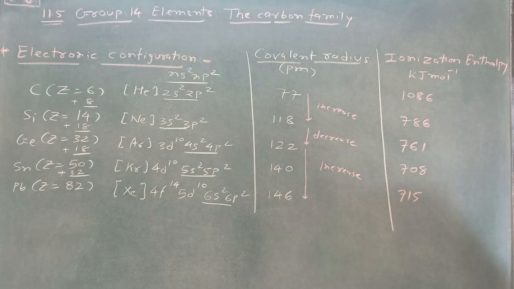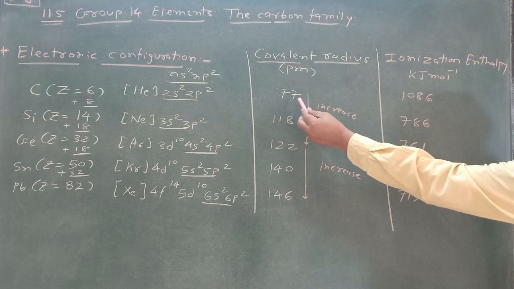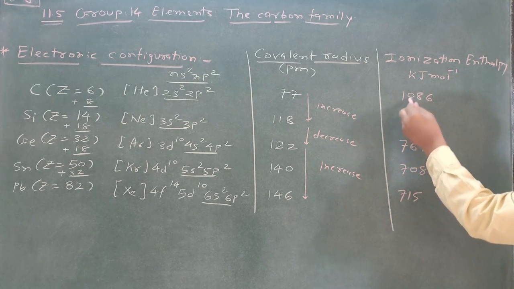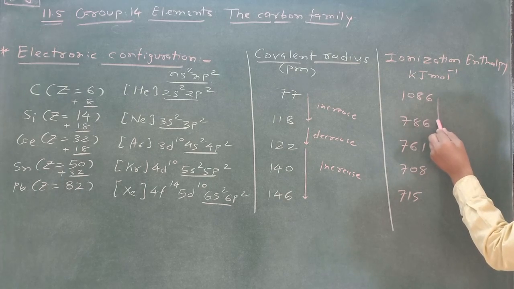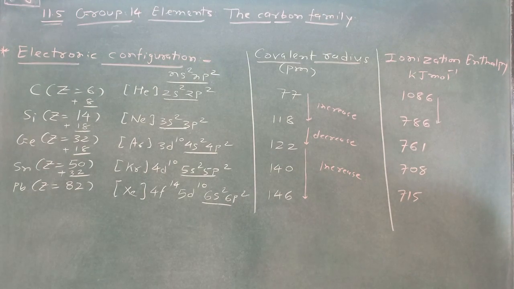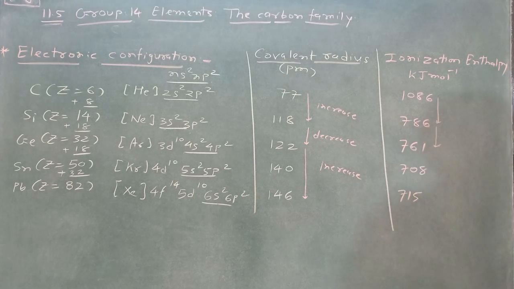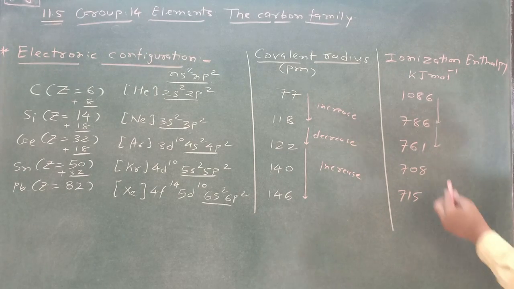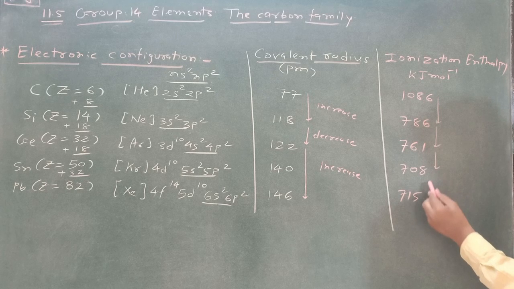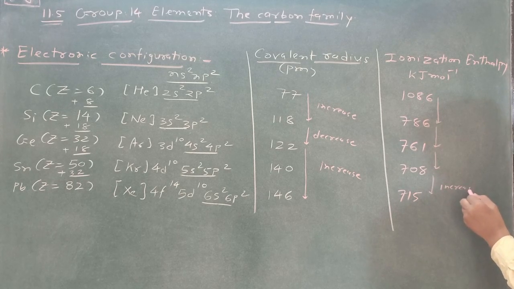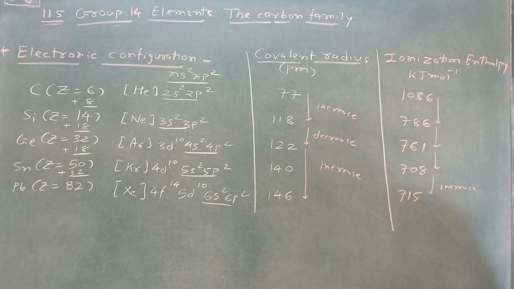Covalent radius is 77, at that time ionization enthalpy is 1086, and then 786. That means the trend is decreasing. Once again 786 to 761, a very little decrease, and then it increases. This is due to poor screening effect.